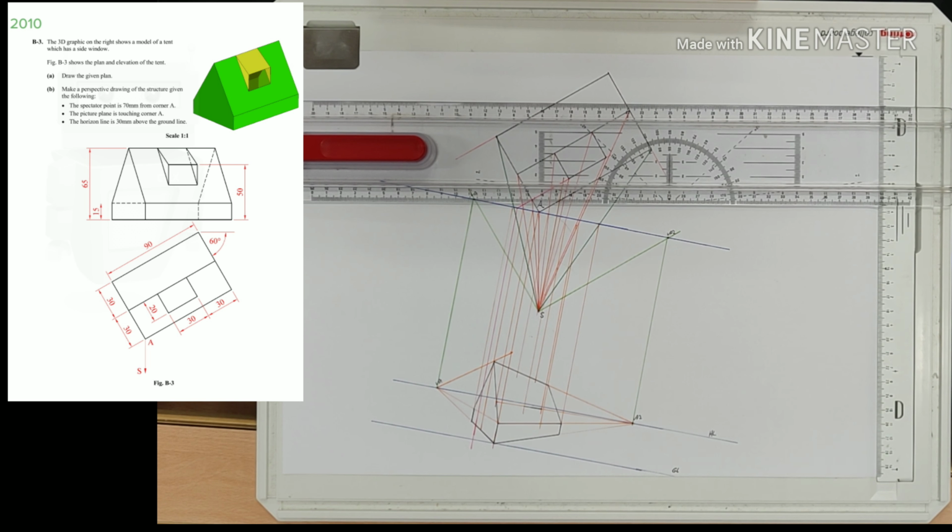I want to measure up 50, which the question tells us is the height, and vanish him back to my VP. With him vanished back, I now know all the information I need to finish my window.